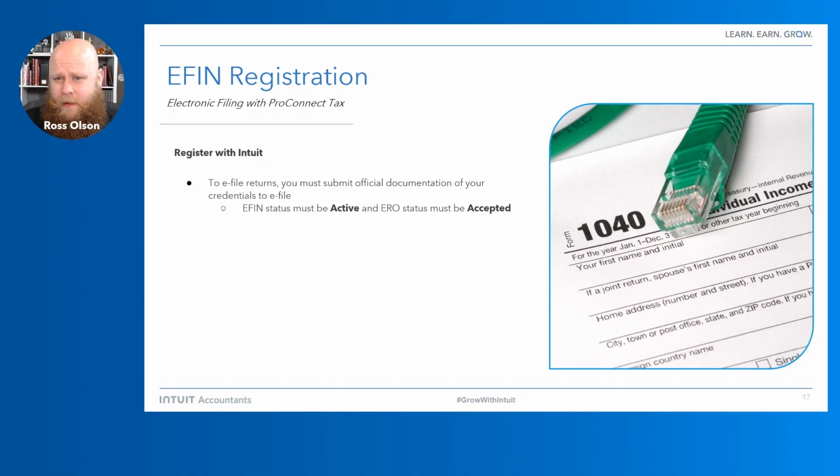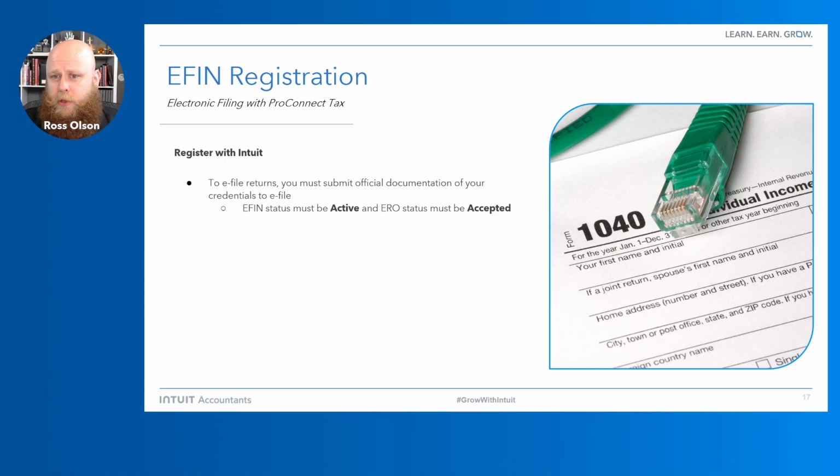And the whole idea behind this, the rationale, is not just because we want you to jump through hoops. That's not the intention at all. This is a security measure to make sure that we're not allowing fraudulent filers to easily just submit a number and start filing with someone else's EFIN.